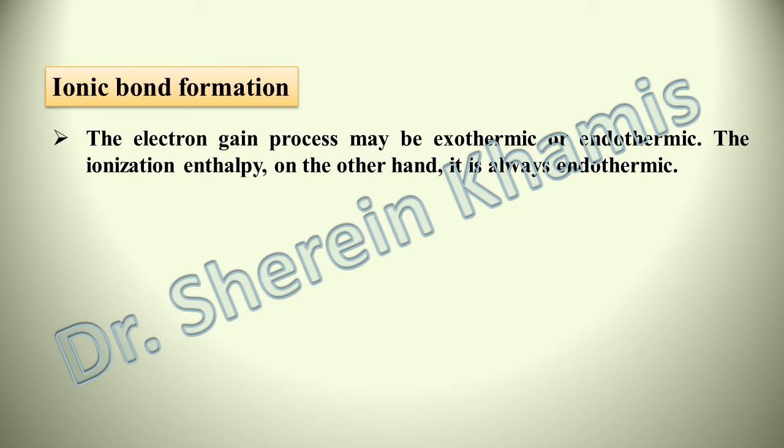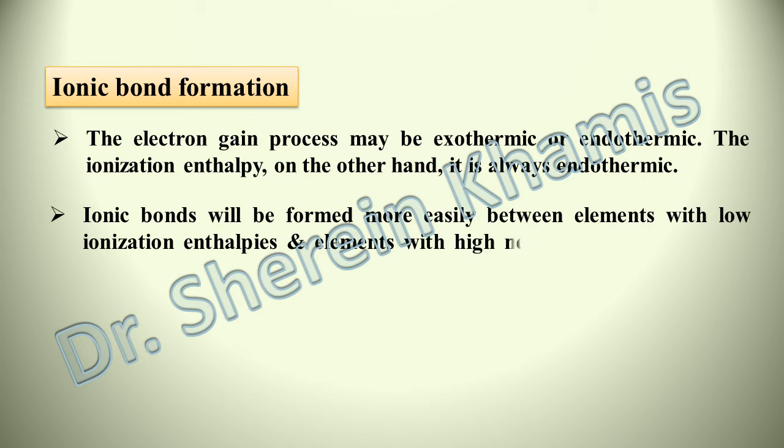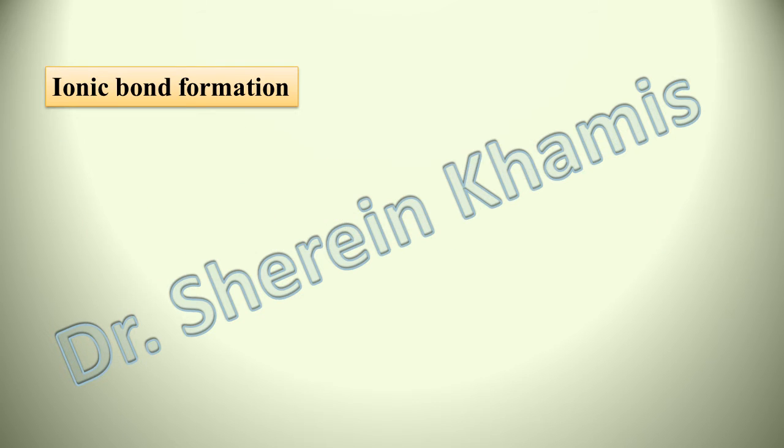Most of them will be endothermic at the end of the reaction, so an ionic bond will be formed more easily between elements with low ionization energy and elements with a high, or negative, value of electron gain energy, giving a positive ion and a negative ion at the end.